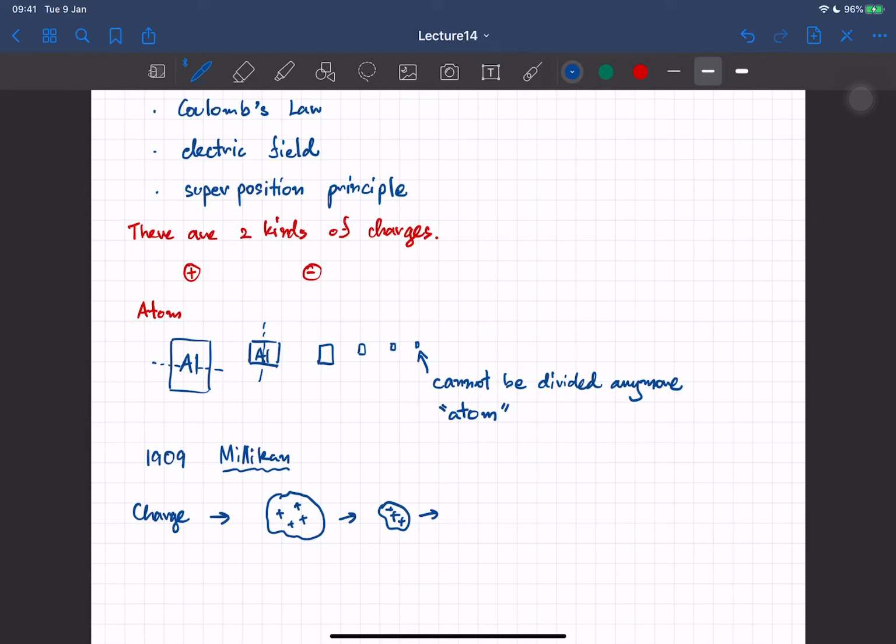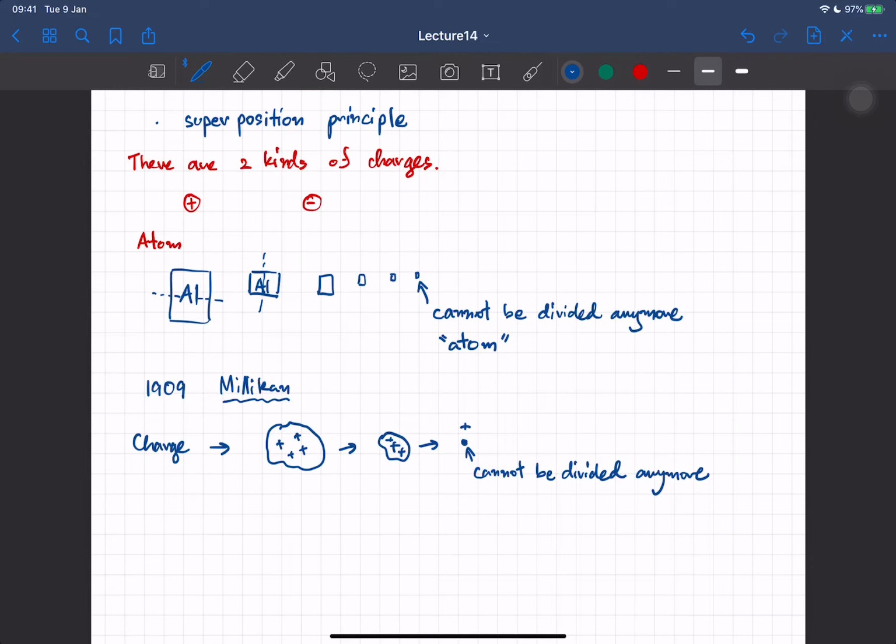In the end, you will get to something which is still positively charged, and then you cannot divide any further. So kind of the same concept as an atom. Right. So this is what we call the fundamental charge. It's a charge that we cannot divide any further.